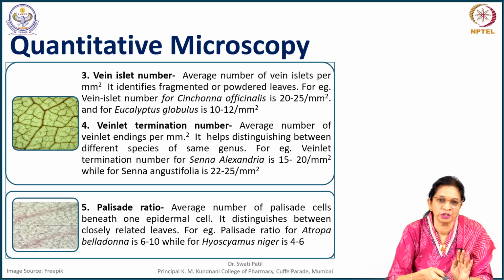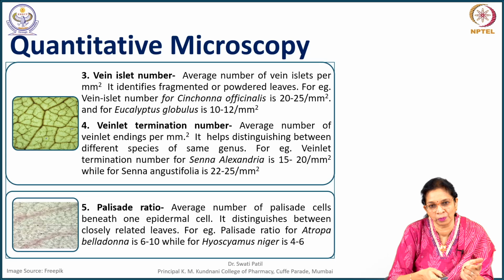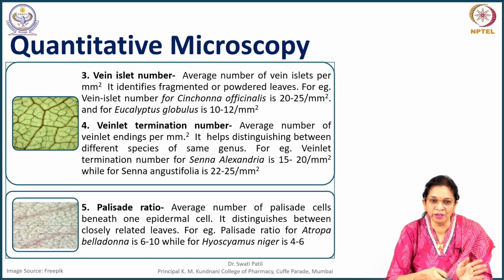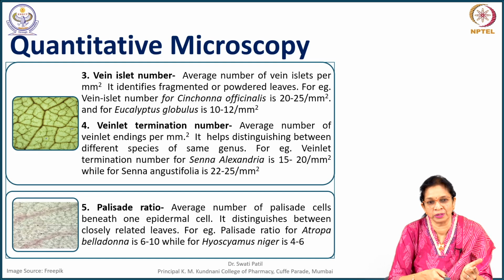Different species of Cinchona, Cinchona officinalis, Cinchona succirubra, Cinchona calisaya, we can identify with the help of vein islet and vein termination numbers, looking at the leaf. Also two different types of senna, the Indian and European senna.